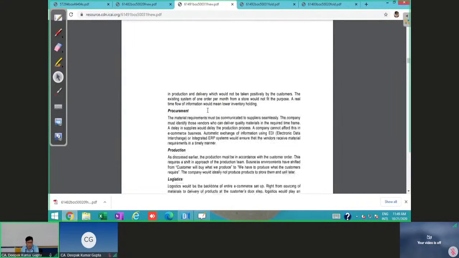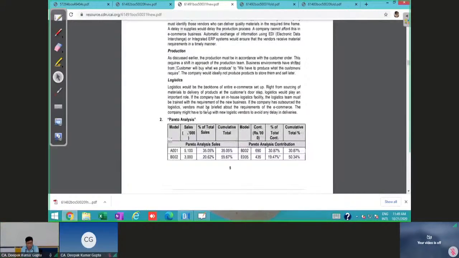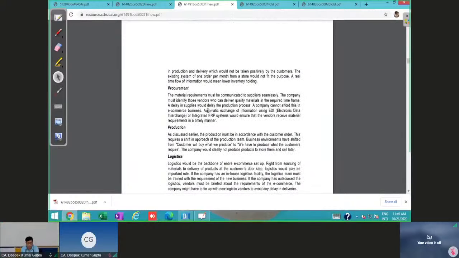For example, here in the solution, logistics is the backbone of an e-commerce setup, and it is very important.